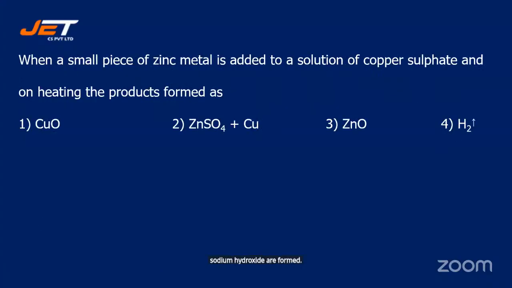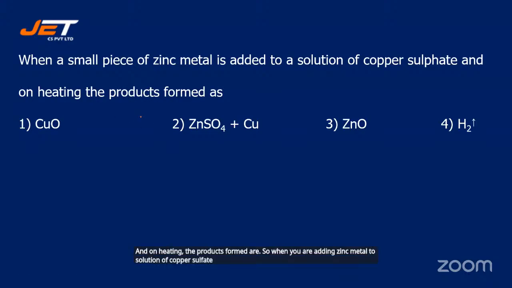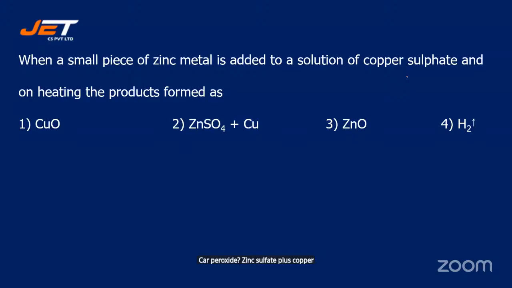When a small piece of zinc metal is added to a solution of copper sulfate and on heating, the products formed are... So when you are adding zinc metal to a solution of copper sulfate and you have applied heat energy, what are the products which are formed? Copper oxide; zinc sulfate plus copper; or zinc oxide. Fourth option is hydrogen.